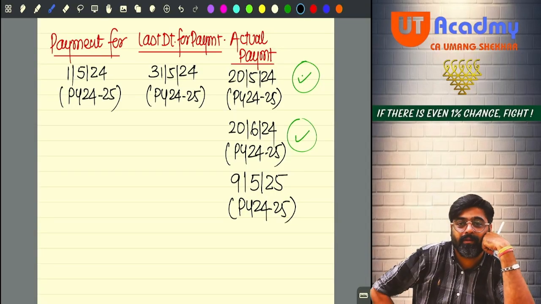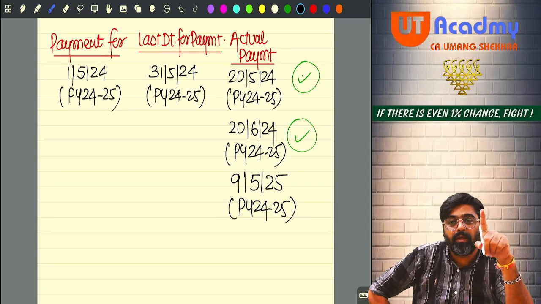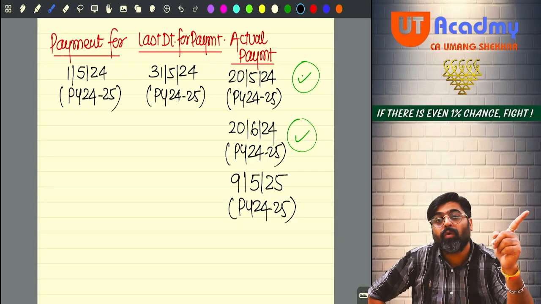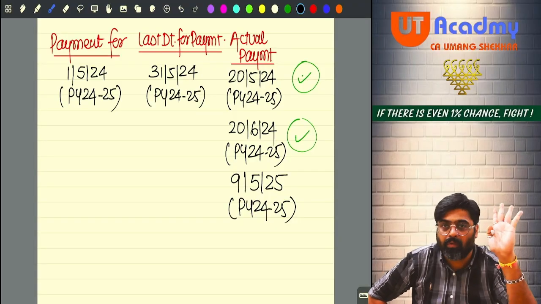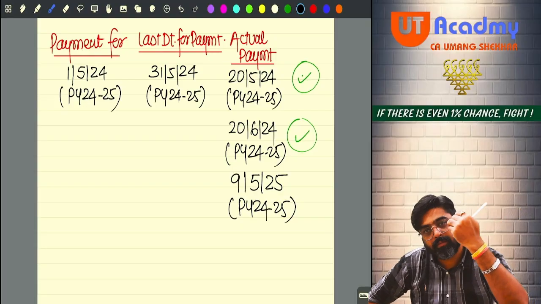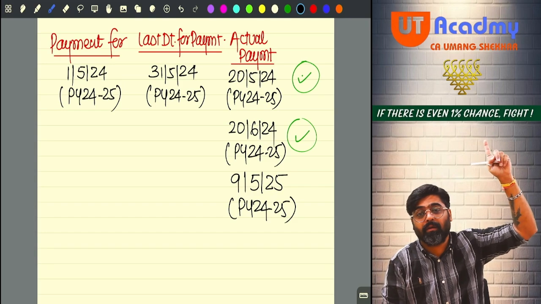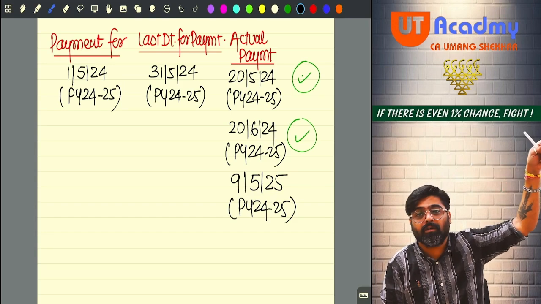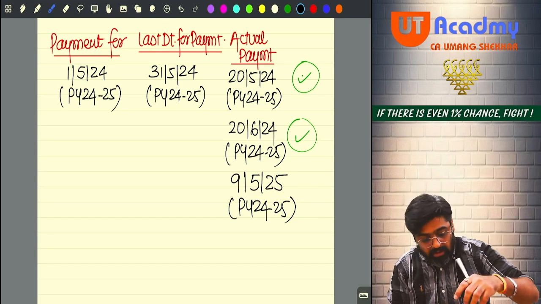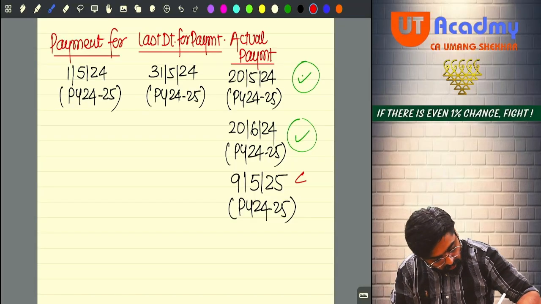Next year payment made. First of all, is the payment made within the prescribed time? No. 43B says it will be disallowed. When it is actually paid, 25-26, no? That time it will be allowed. So here there will be a disallowance by 43B.